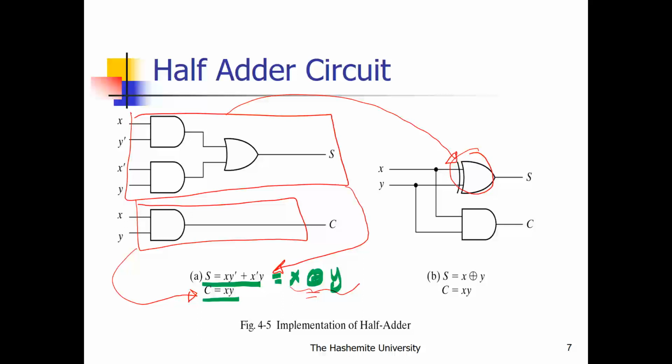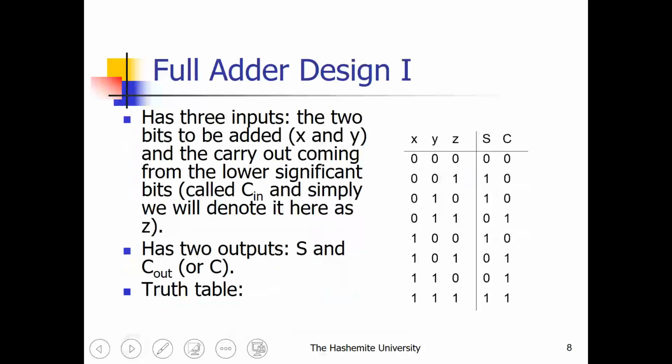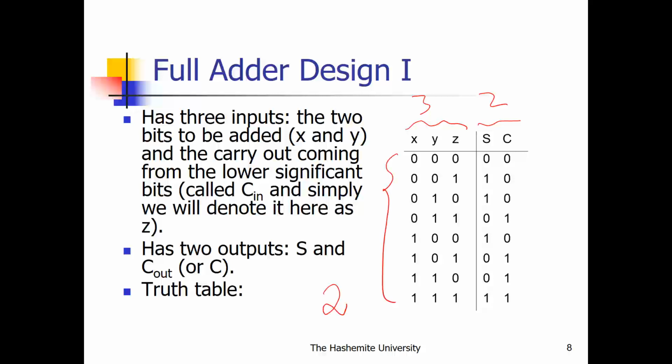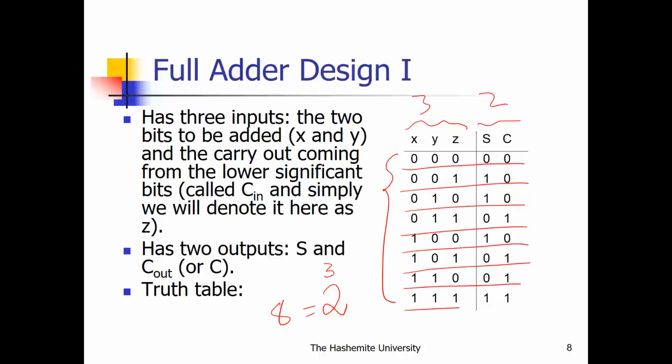If we move on to the full adder, you will see that the full adder has 3 inputs, as we stated earlier, and 2 outputs. And the combinations for the inputs are 2 to the power number of inputs, 2 to 3, which is equal to 8. As you can see, there are 8 combinations here, as illustrated here.